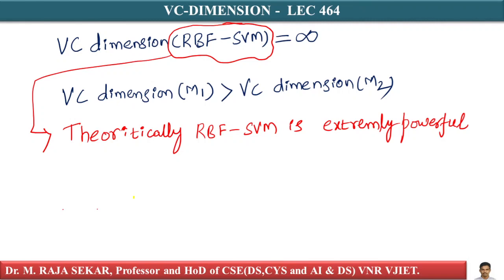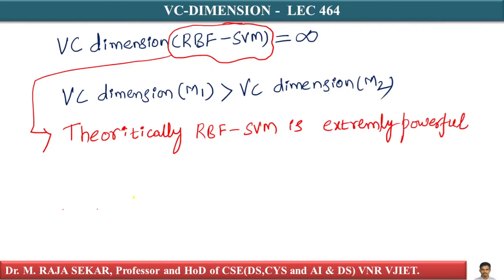It is an extremely powerful model, so theoretically your RBF SVM is extremely powerful. This does not imply that RBF SVM is always the best model in practice. As we were discussing, if the VC dimension of M1 is greater than that of M2, what does it mean? Certainly model M1 is powerful compared to model M2.